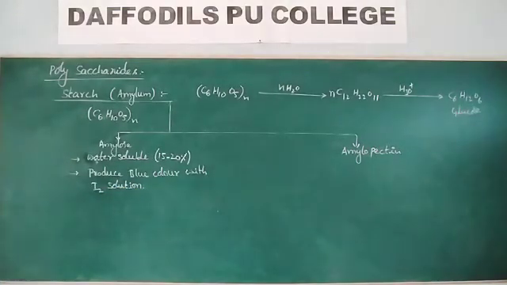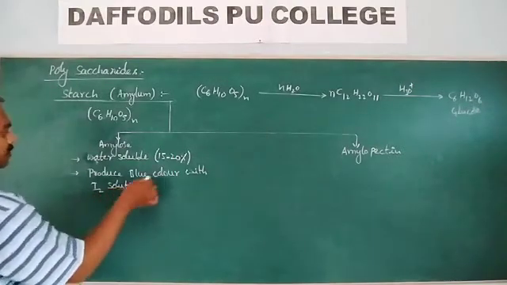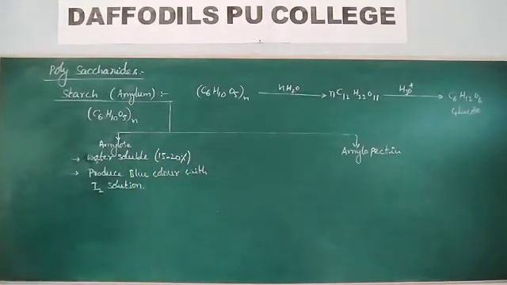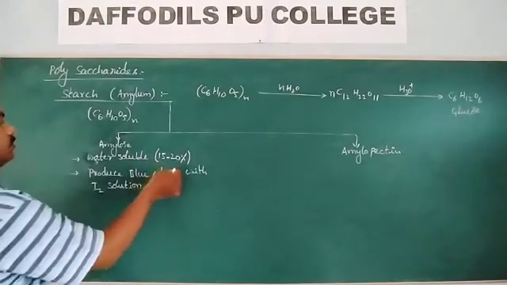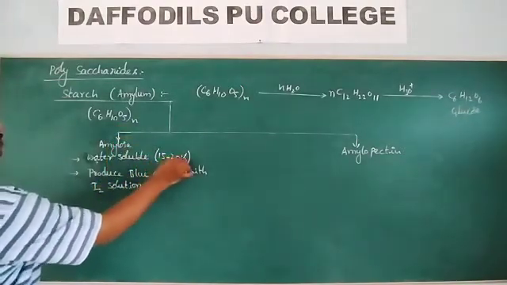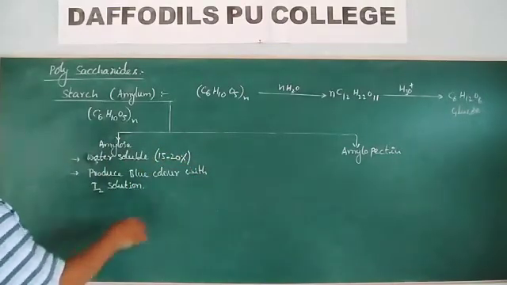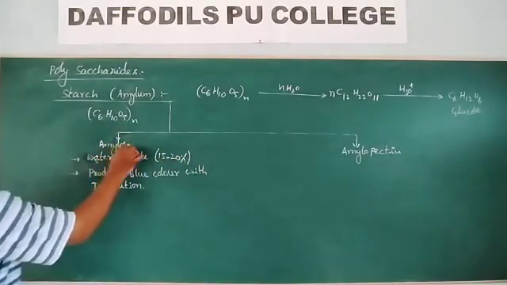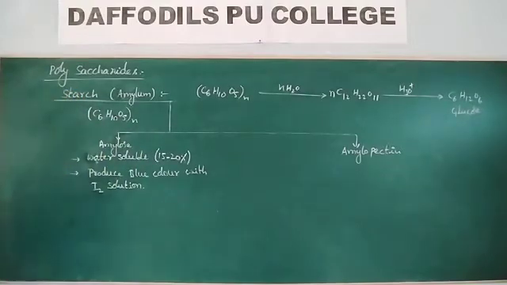So amylose is water soluble, and it produces a blue color with iodine solution. Amylose is 15 to 20% of starch. The remaining is amylopectin.